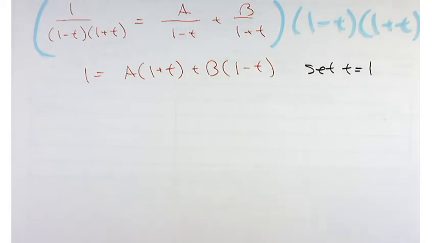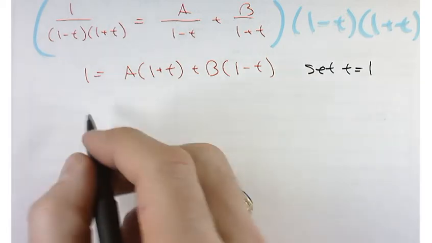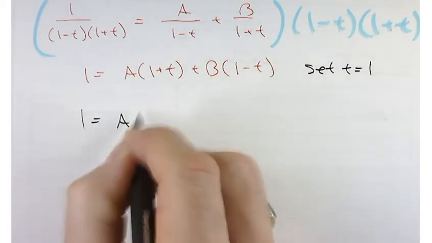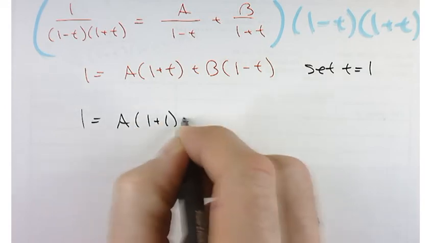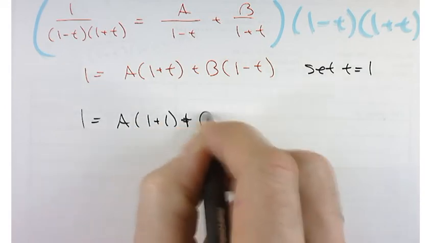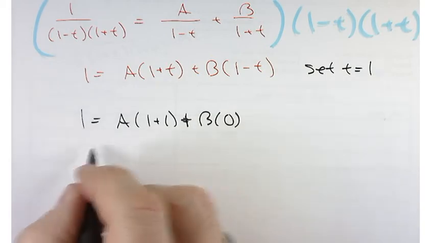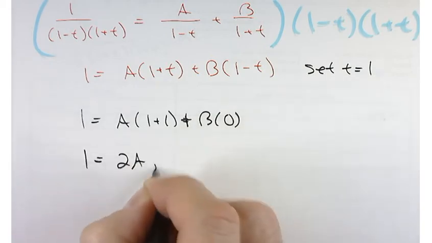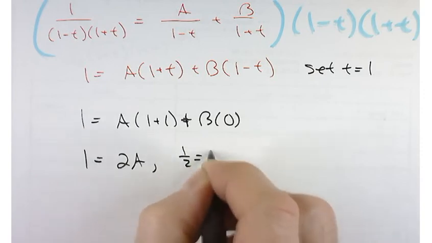What is setting t equal to 1 going to do for me? This term's going to be 0, so I'll get 1 equals A times (1 plus 1) plus B times 0. So I get 1 equals 2A, or 1/2 equals A.